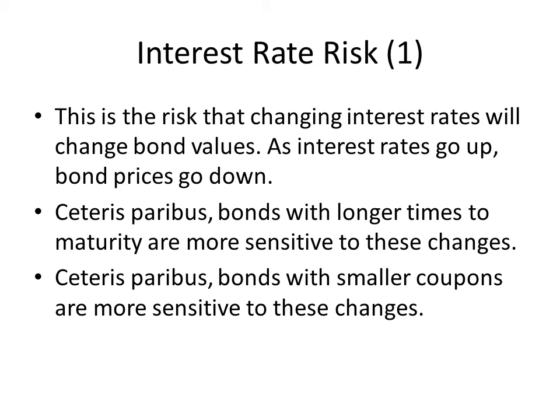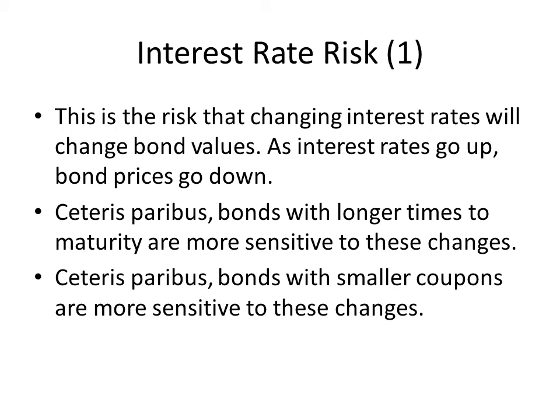What does ceteris paribus mean? Well, that's fancy Latin talk for all else being equal. So what do we mean here? Bonds with longer times to maturity are more sensitive to changes in interest rates. Why is that? Well, think about this. The present value formula is future value divided by 1 plus r to the t power.